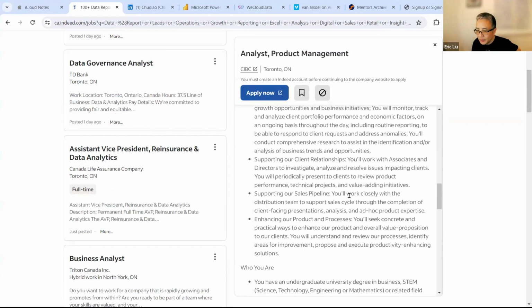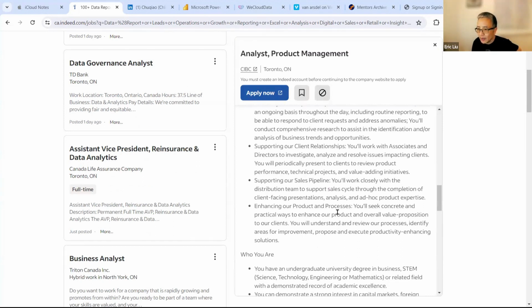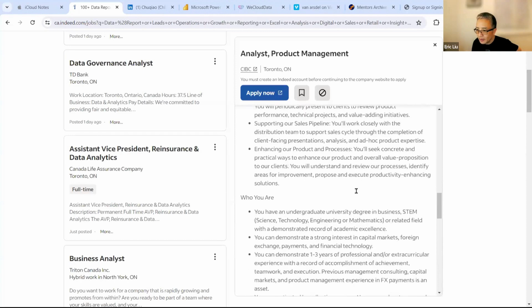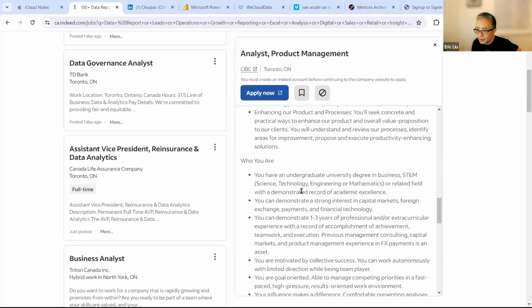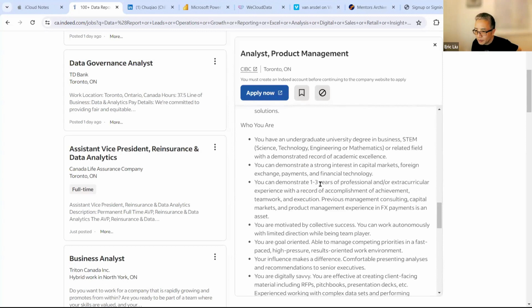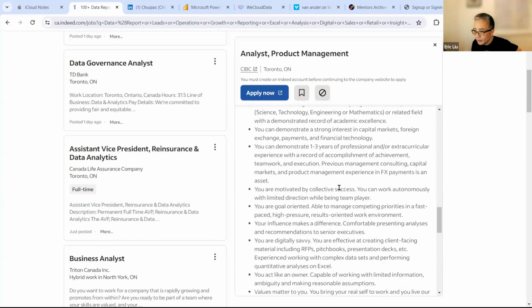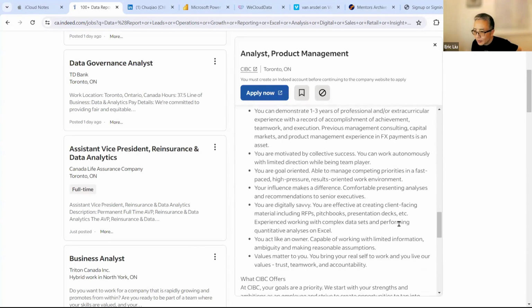Sales pipeline. So you definitely need to work with marketing and sales and product and process. It requires you to, so this is about sourcing, RFP, request for proposal.